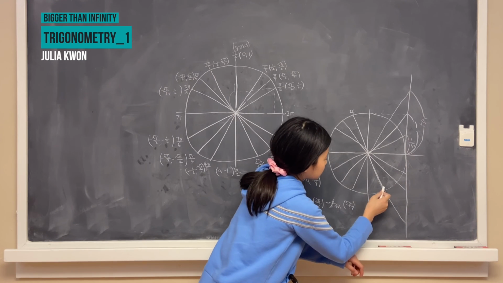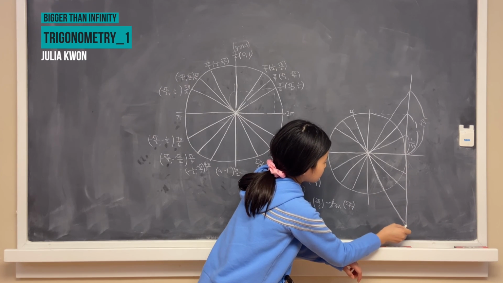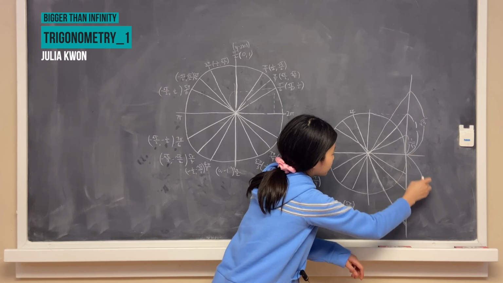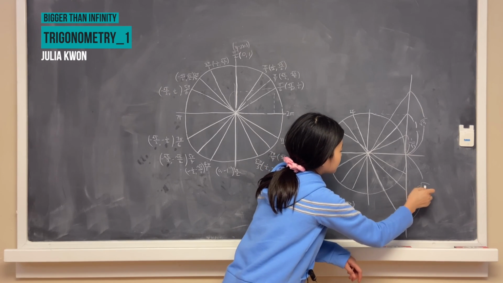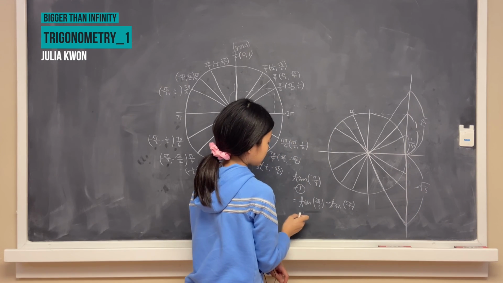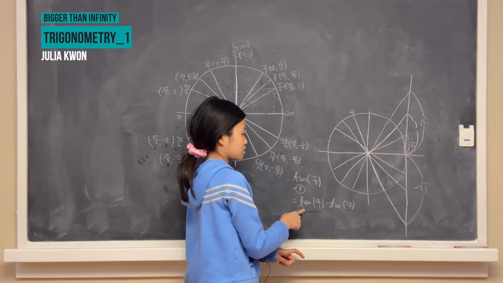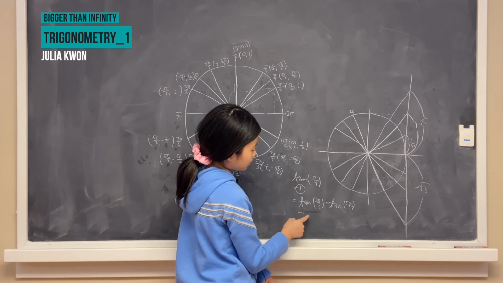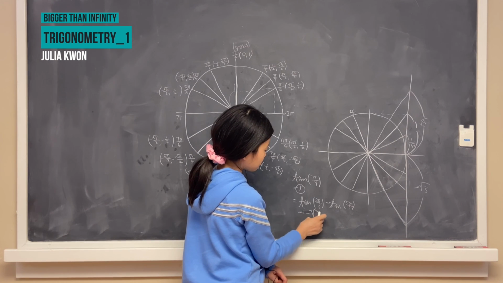And now here it's the longest value, so it's square root of 3 like the top, except we have the negative in front. So that's how we know what the tangent of 2 pi over 3 is. So negative square root of 3.